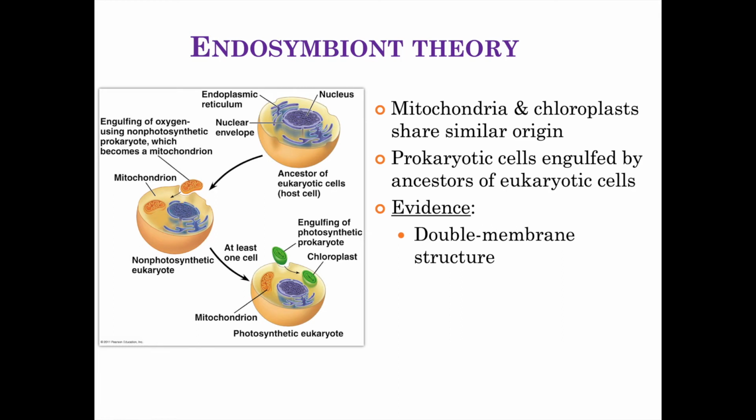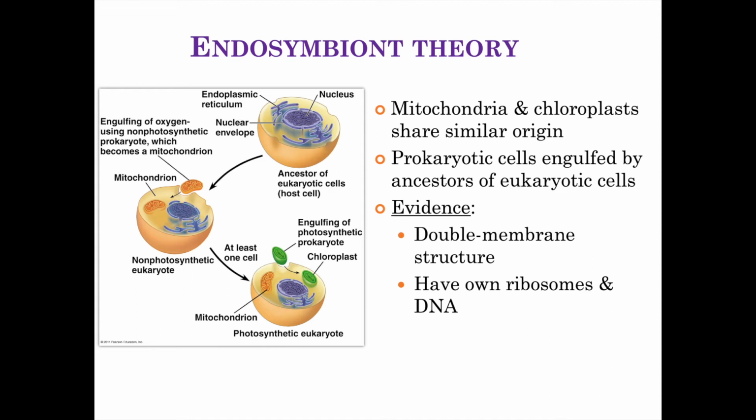And so if this pre-mitochondrion structure or cell existed on its own before being engulfed, it makes sense that it would have its own DNA and ribosomes. And then when it got engulfed, the inner membrane was the original membrane of this prokaryote, and the outer membrane is the host cell's membrane as it got engulfed. So you see the presence of two membranes.